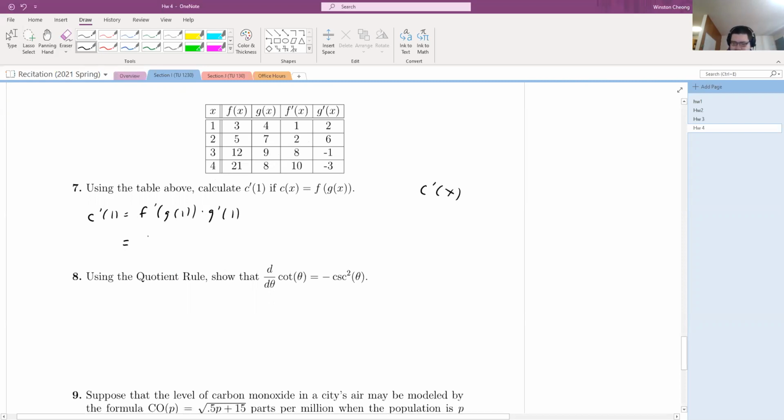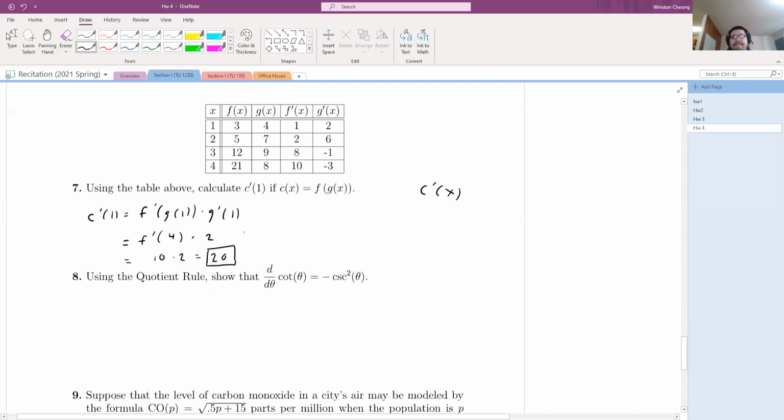There's more than one step to this. I have to plug in g of 1. So g of 1 is going to be 4. That leaves me with f prime of 4 here. G prime of 1, I get this value 2. And so now we have f prime of 4, which is 10. So 10 times 2, we get 20.